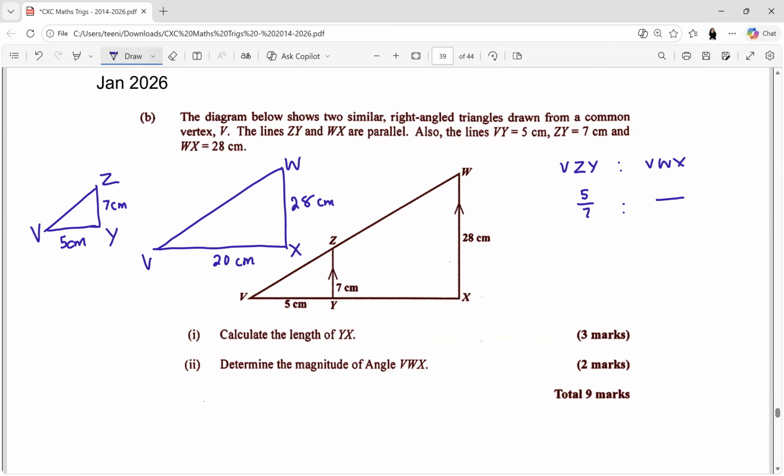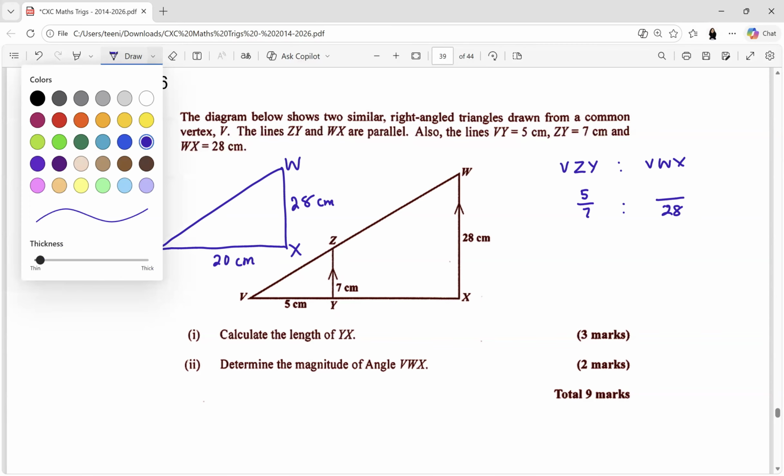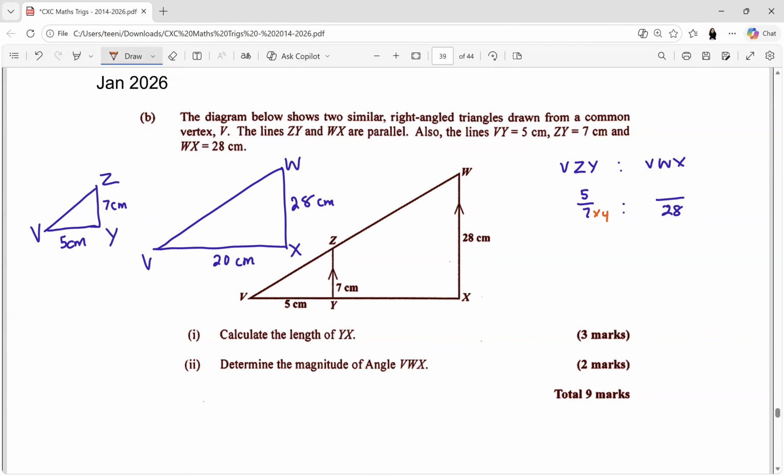But on the bottom, the side that corresponds with 7 is 28. And if you notice, when you write it like this, it's like equivalent fractions, right? 7 times 4 is 28, and 5 times 4 is 20. So the entire distance VX, from here to here, is 20 cm.